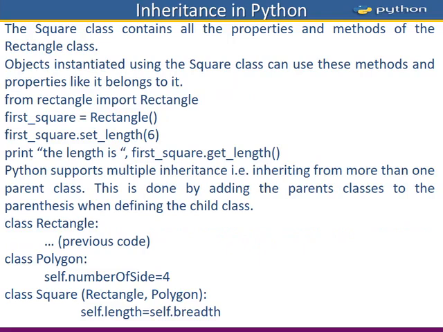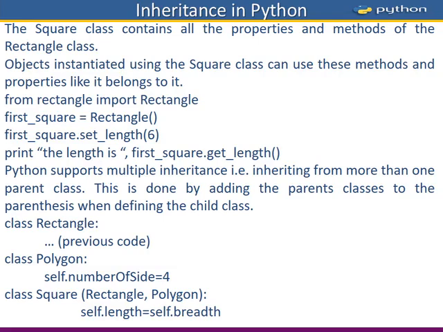The Square class contains all the properties and methods of the Rectangle class. So the new Square class contains all the properties and methods of the super class, which is the Rectangle class.